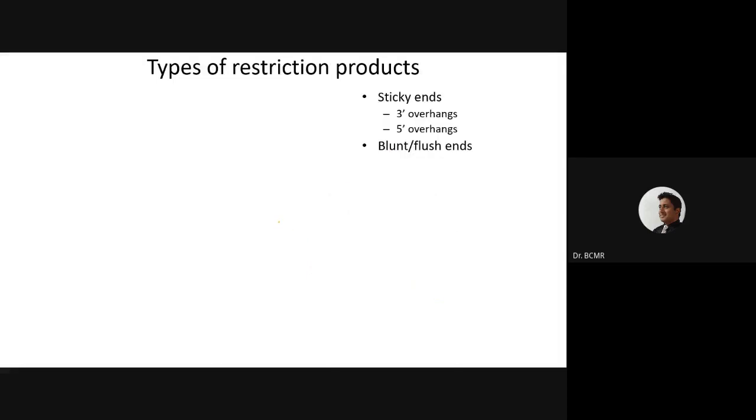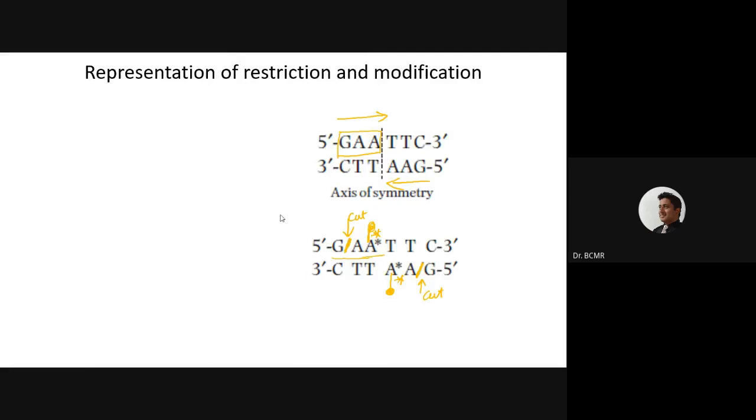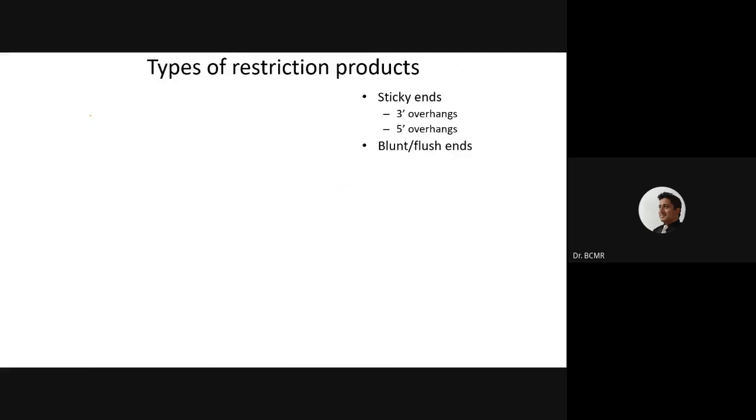I think we all know. We will take the same sequence that is given, GAA TTC, and the slash is here. This is the slash. That means the cut site.